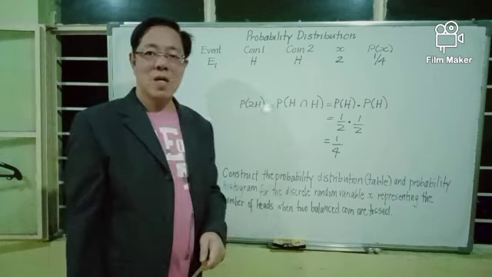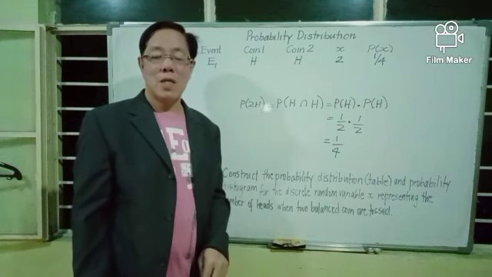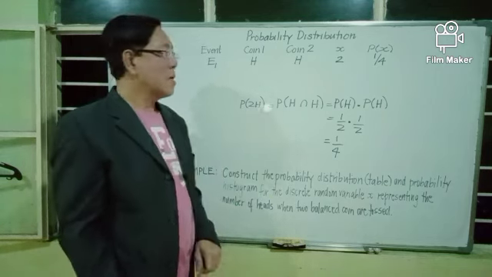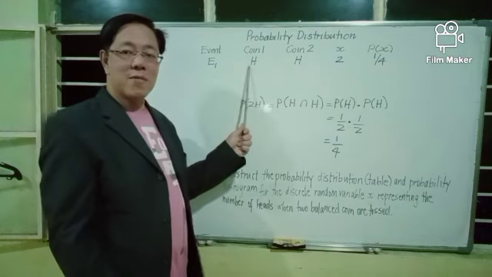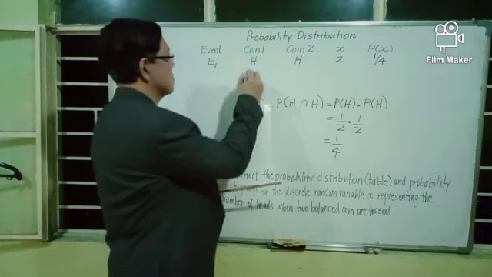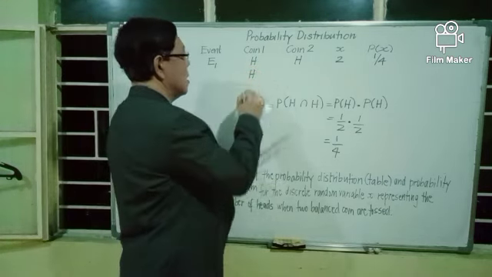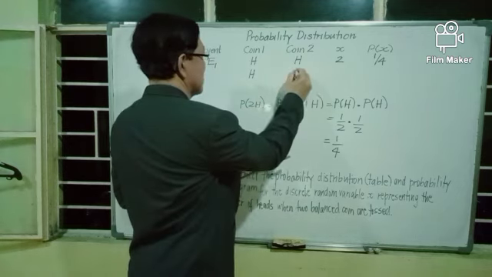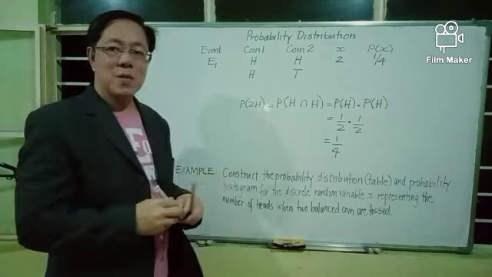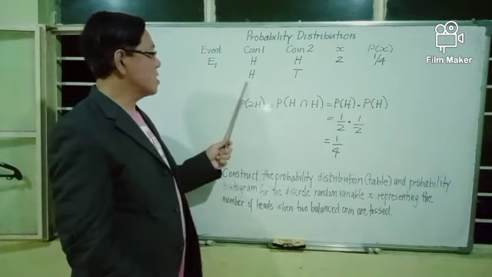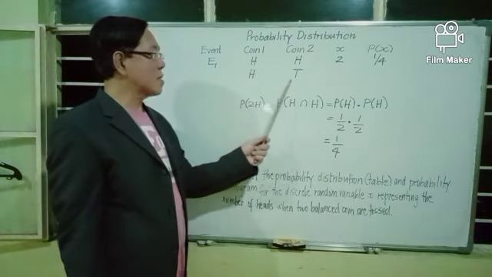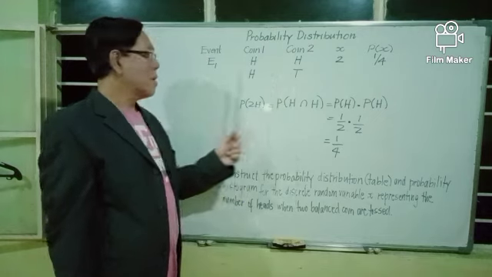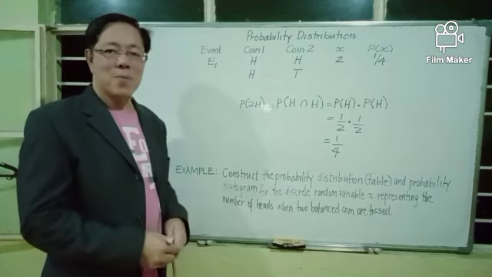Another possible outcome when you toss 2 balanced coins at the same time is that you get heads in the first coin and you get tail in the second coin. We denote this event of getting heads in the first coin and tail in the second coin by event E sub 2.